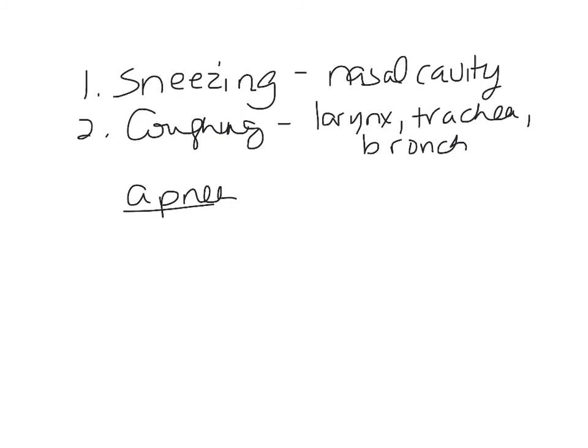Okay, that's what a sneeze or a cough is. But it has a period of apnea where there is no breathing at all when that glottis is initially closed before you get that expulsion of air. When that air does leave, it leaves at about 99 miles per hour when you're coughing and sneezing, so pretty fast.